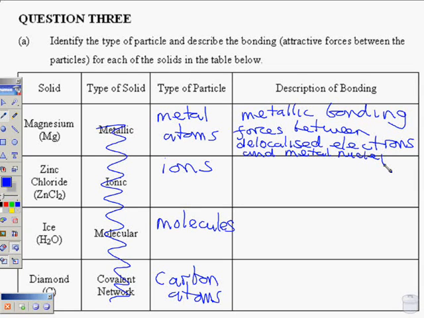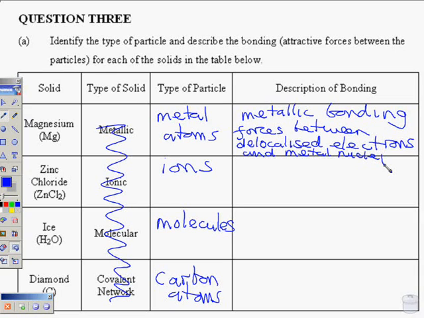And I'm constricted by the space, but in actual fact, it's not just forces. There's another two words we'd probably put in there, strong electrostatic forces. It's always electrostatic. So it's the strong electrostatic forces between the delocalized electrons and the metal nuclei. Now, you know how to draw the diagram to illustrate metallic bonding. But you need to have a sentence in there that will explain it.